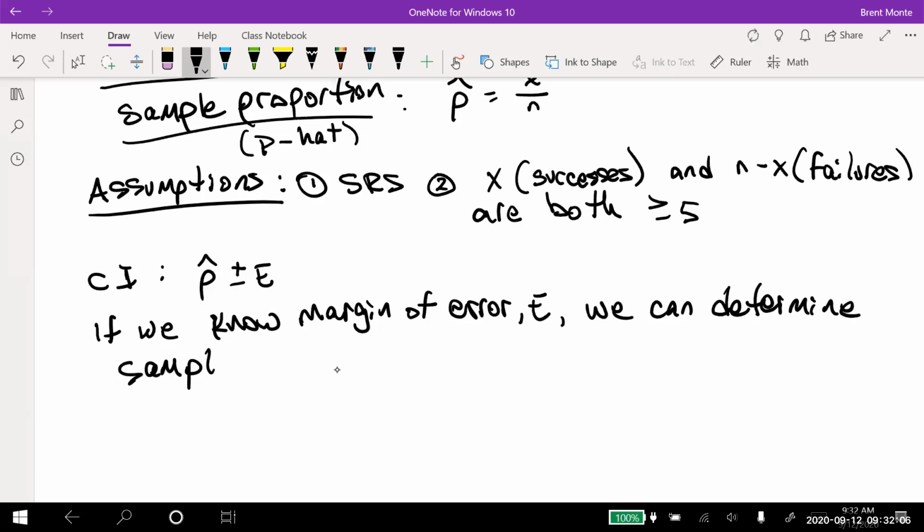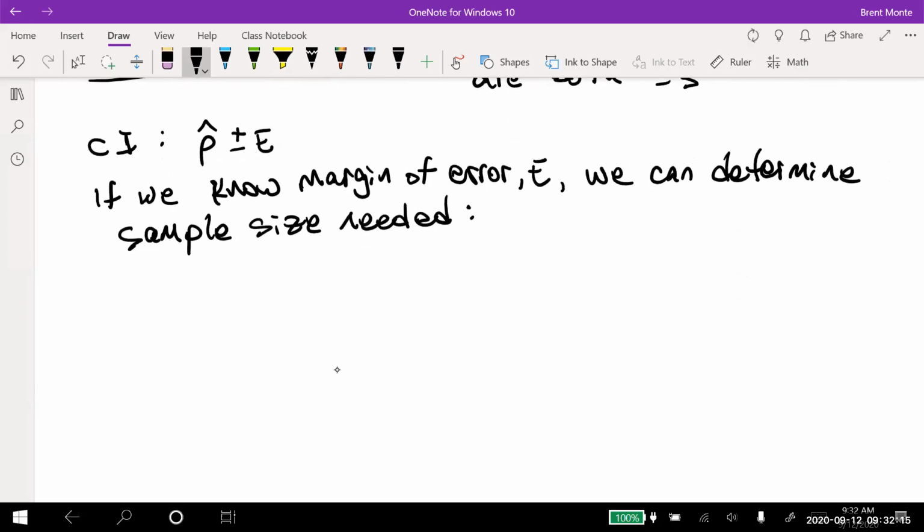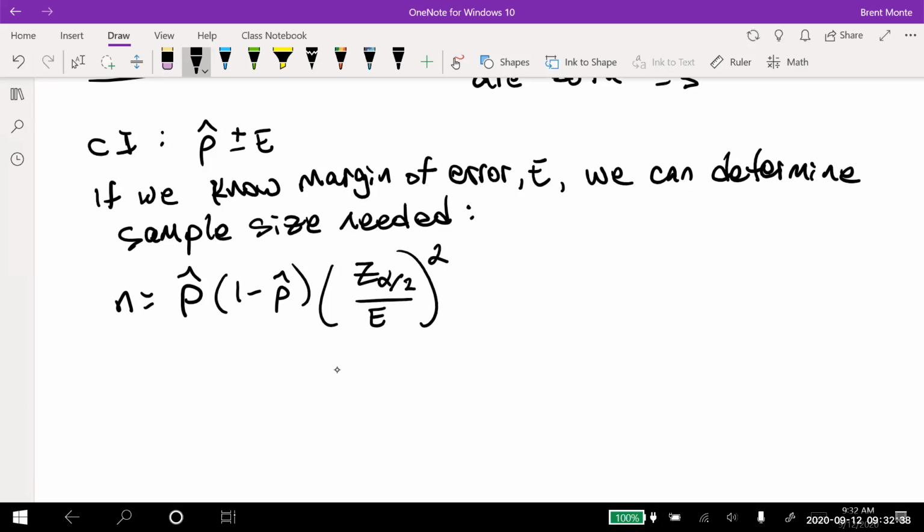And so this is the other thing in this section that we need to talk about. And the way we do that is this. The formula, which just comes from the formula for margin of error E, is we get n is equal to p hat times 1 minus p hat, and then times z of alpha over 2, which we talked about way back in an earlier chapter, divided by the margin of error E, squared.